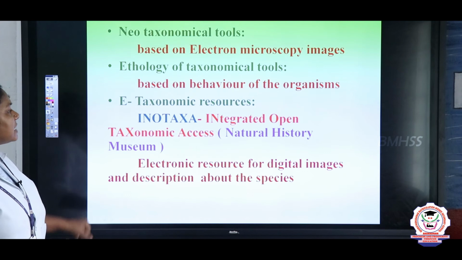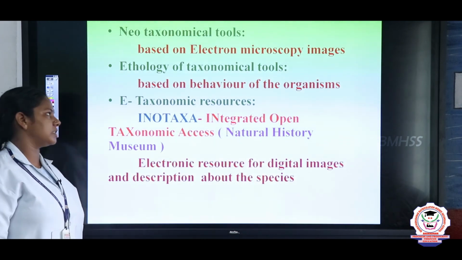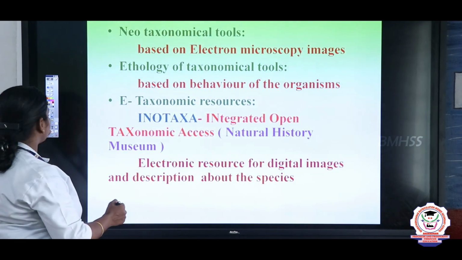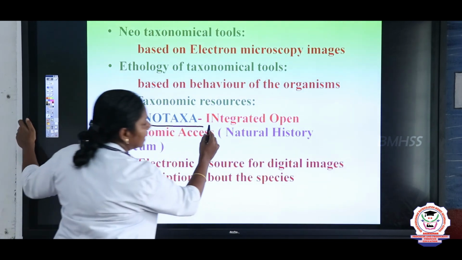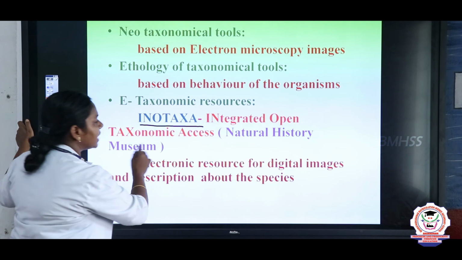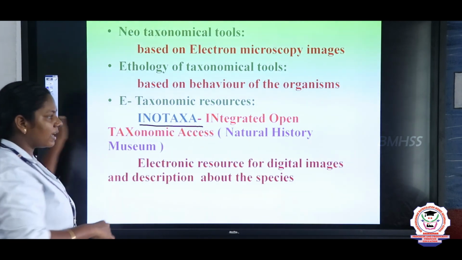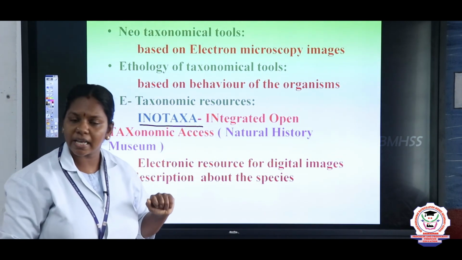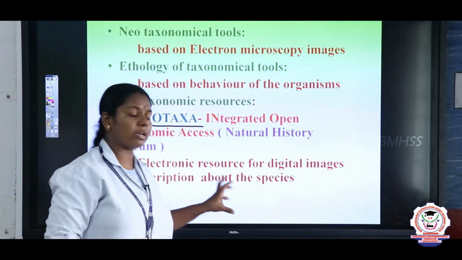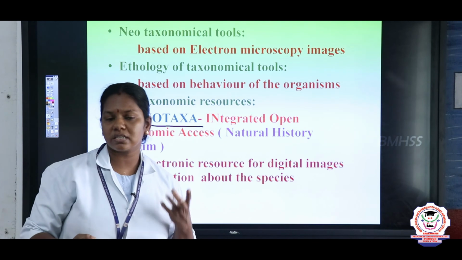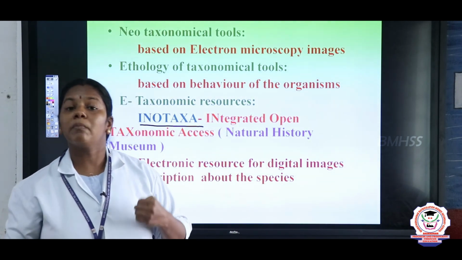And last is the e-taxonomic resources, that is Enotaxa. It is an important abbreviation, children. Integrated Open Taxonomic Access, right? And it was created by the Natural History Museum. It is a source from where we can get microscopic images.